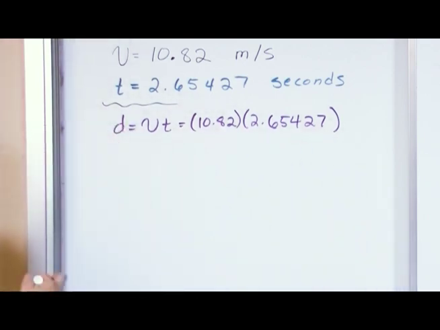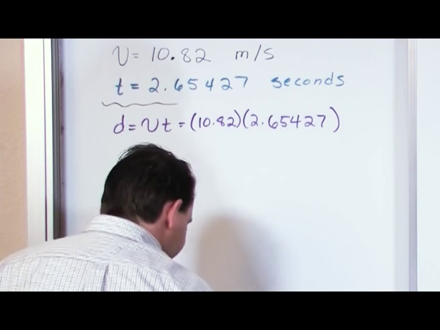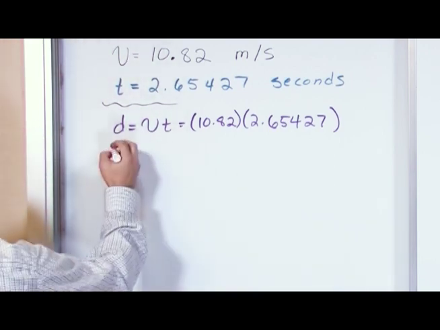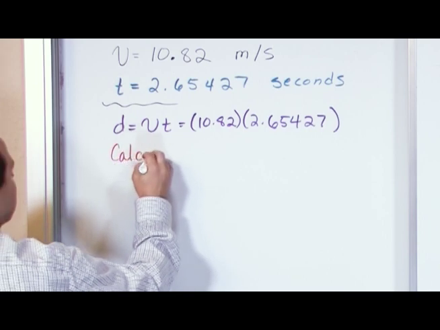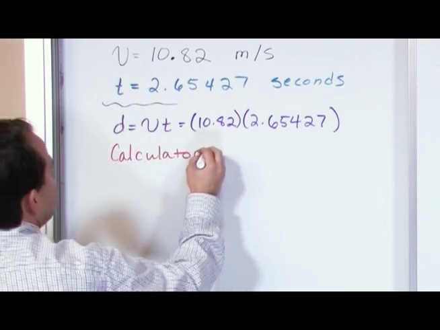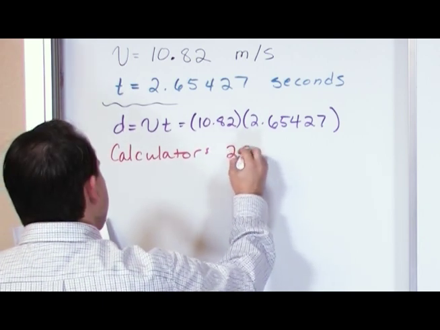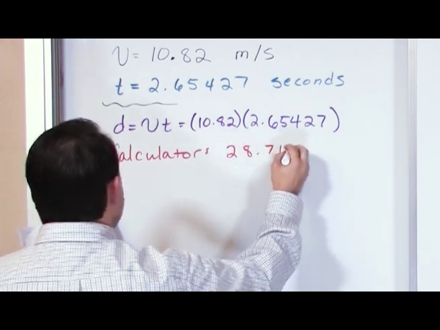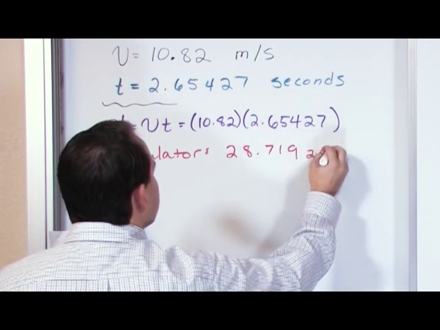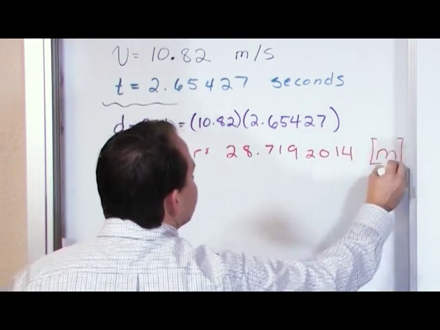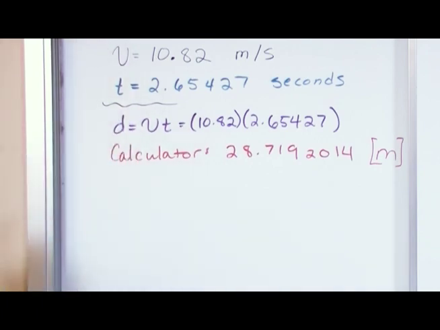When I multiply, the calculator will give me 28.719214 meters. I'm going to put it in brackets so you can see it stands apart from the number.